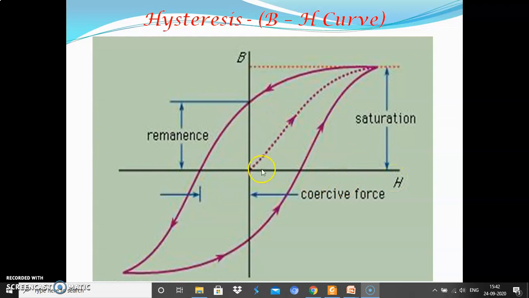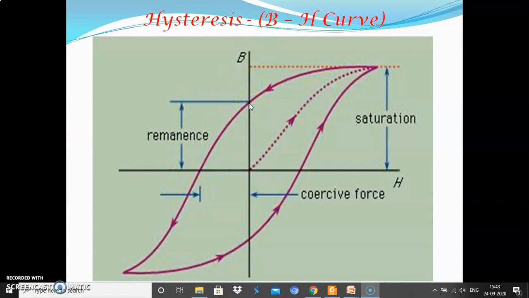Here we need to discuss two terms. One is retentivity, another one is coercivity. What is retentivity? That is the residual magnetization in the material. Here we are reducing the magnetic field until H becomes 0, but there is still some magnetization remaining in the ferromagnetic material.